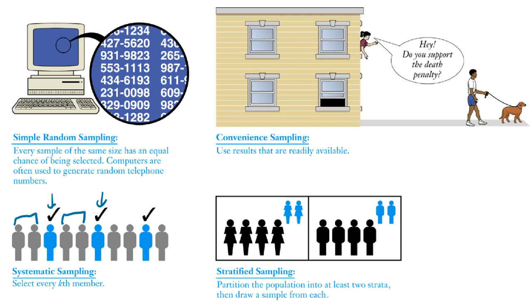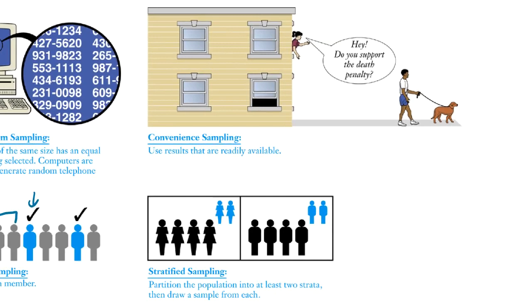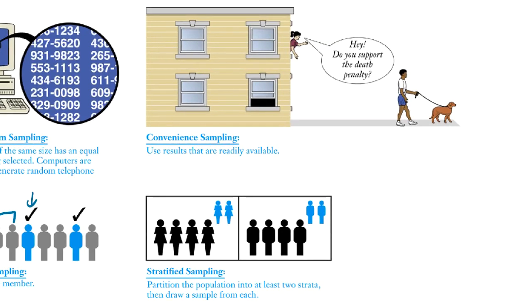sampling method that you choose, there are a couple things to keep in mind. Right? So these are just things to keep in mind. First off, the sample must represent the population.